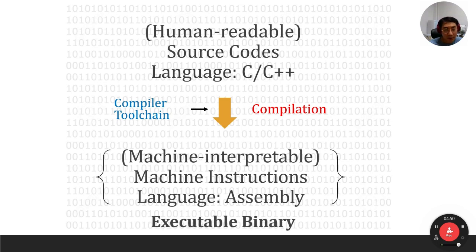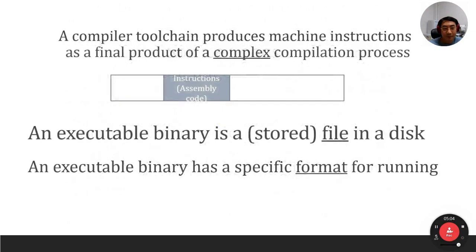And the final product of the compilation is an executable binary, and the executable binary has the code instructions, machine instructions, as an assembly language. So now we know the compiler toolchain produces machine instructions as a final product after a complex compilation process.